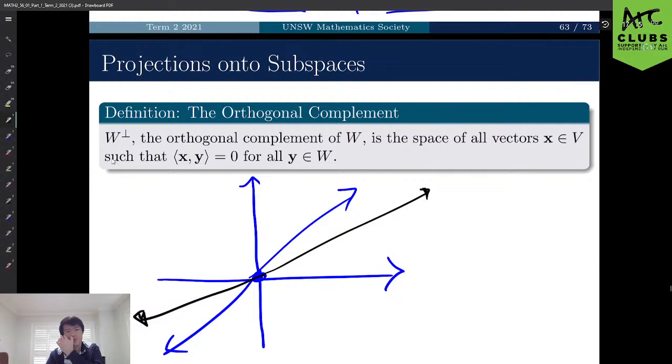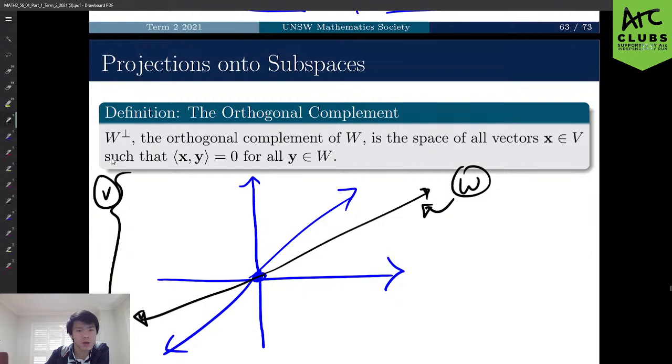What is the orthogonal complement? Well, the orthogonal complement is the space of all vectors in this entire vector space such that it's perpendicular to all vectors in W. So if W is our line, we need vectors that are perpendicular to the line, no matter what point in the line. So in this case, that will be a plane, for example. It will be the plane that this line is normal to, right?